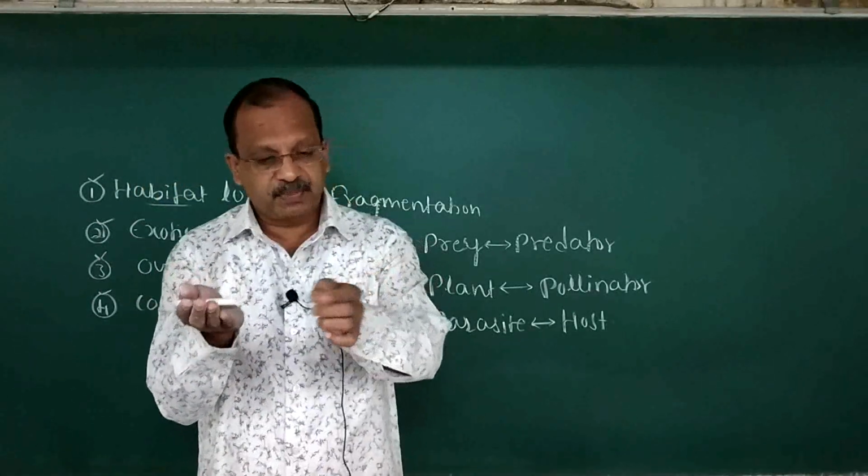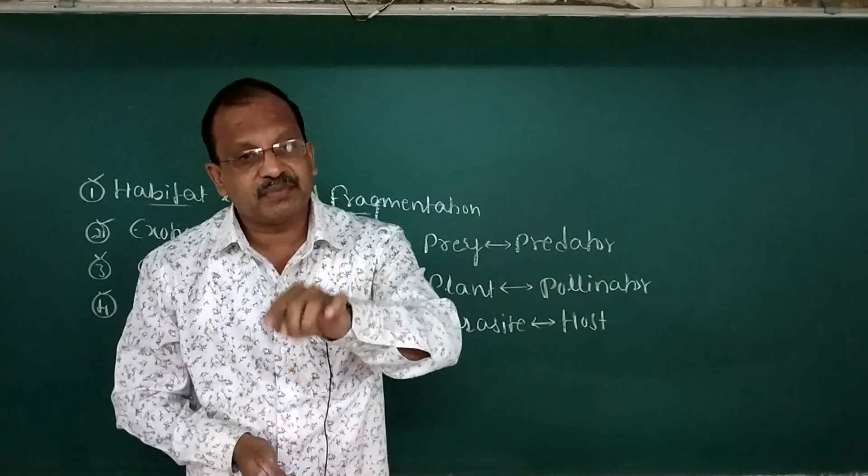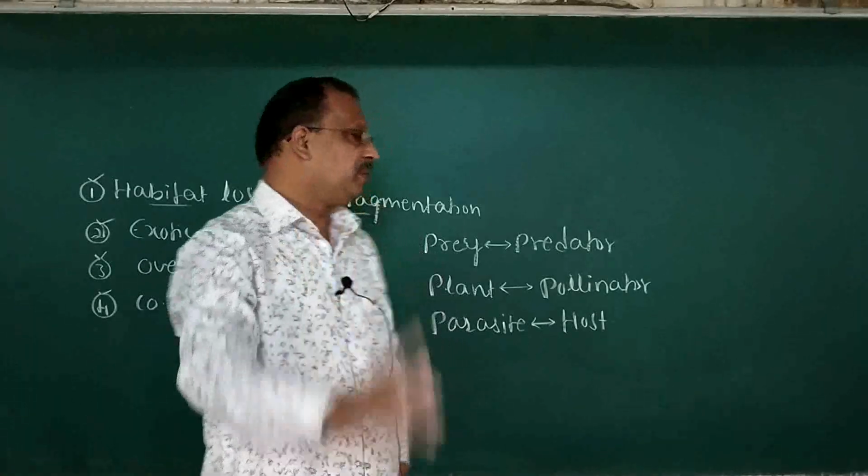If a species becomes extinct, closely related other species of plants and animals in an obligatory way are also going to become extinct.